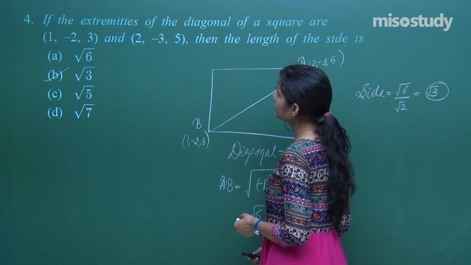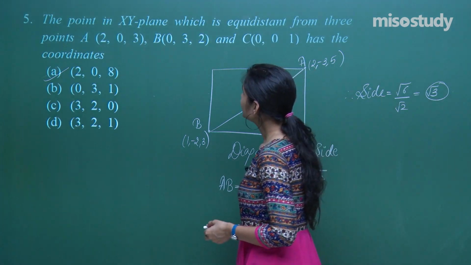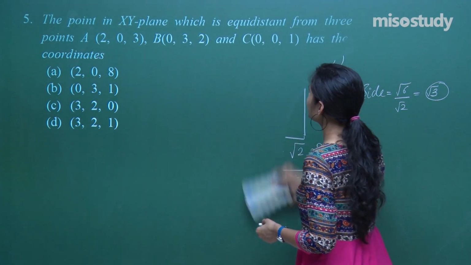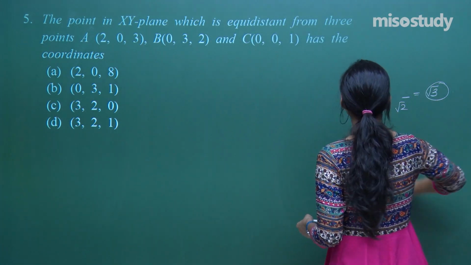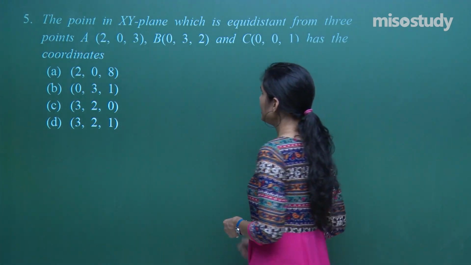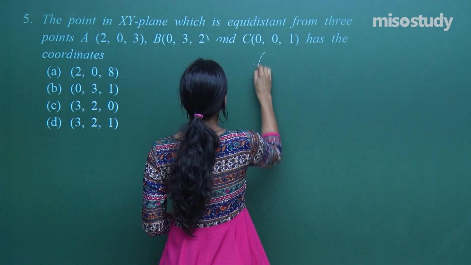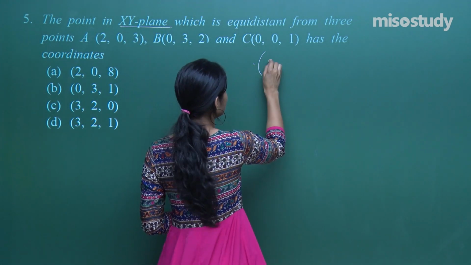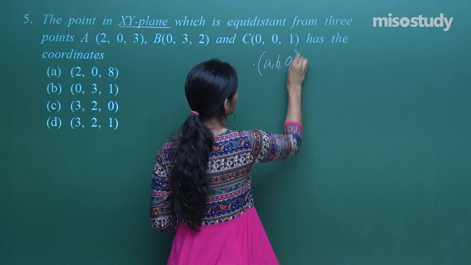Now if I move ahead to the next question, we have the point in the xy plane which is equidistant from 3 points A, B and C. What are its coordinates? Let's see. So there is a point in the xy plane. The very fact that the point is in the xy plane means that its z coordinate is 0.